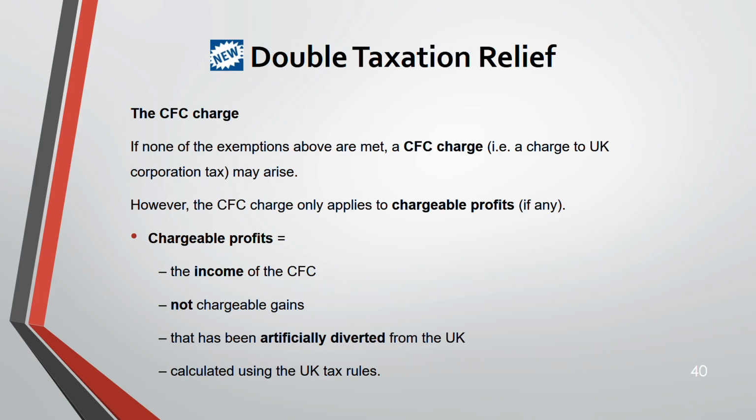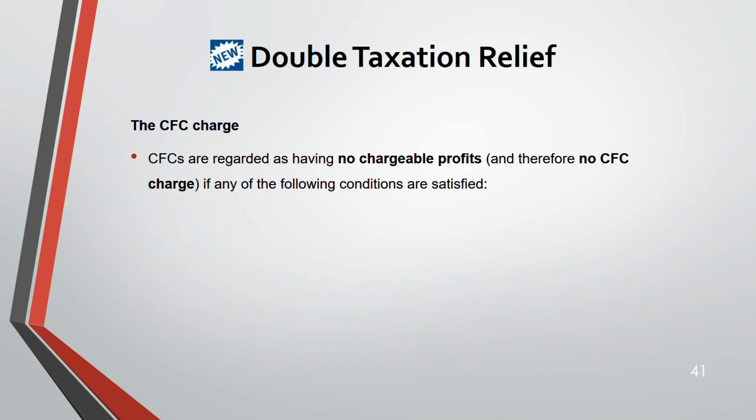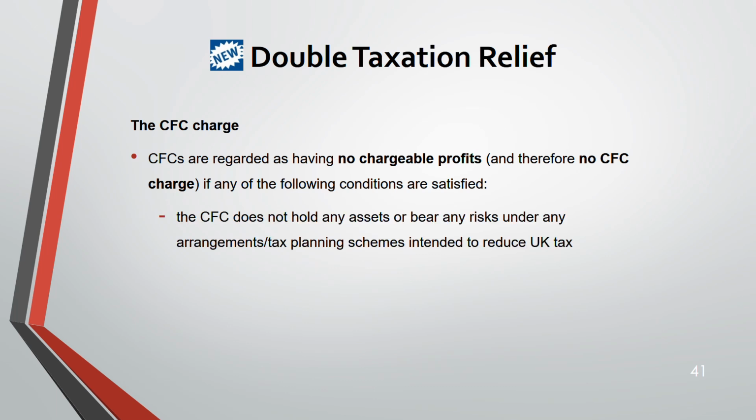And how is it calculated? Using UK tax rules. Very simple. Now, CFCs are regarded as having no chargeable profit if any of the following conditions are satisfied. So no chargeable profit means no CFC charge. First condition, the CFC does not hold any assets or bear any risks under any arrangements or tax planning schemes intended to reduce UK tax.